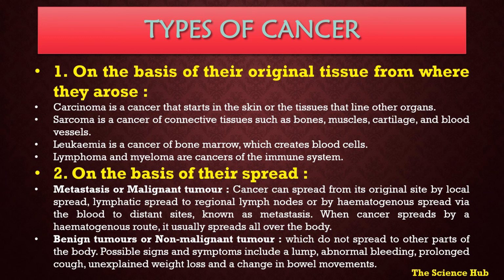Then comes the benign tumor or non-malignant tumor, which does not spread to other parts of the body. Possible signs and symptoms include a lump, abnormal bleeding, prolonged cough, unexplained weight loss, and a change in bowel movements.